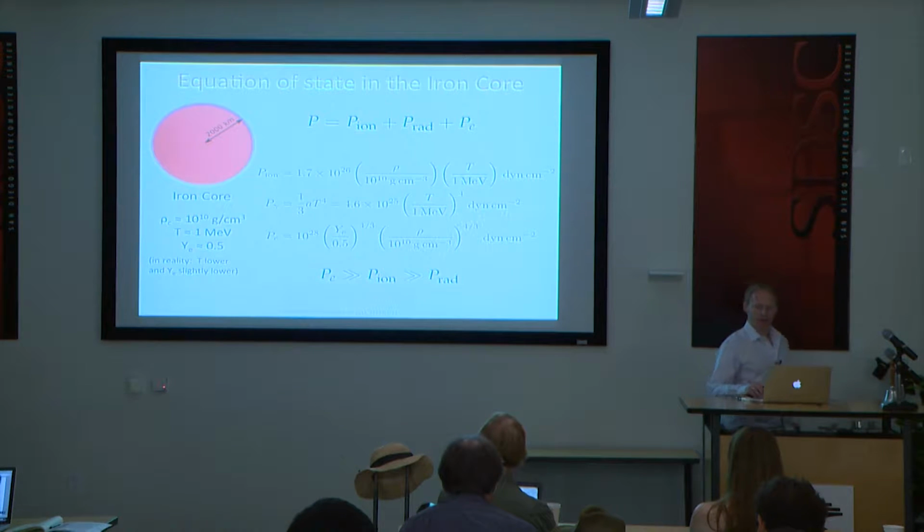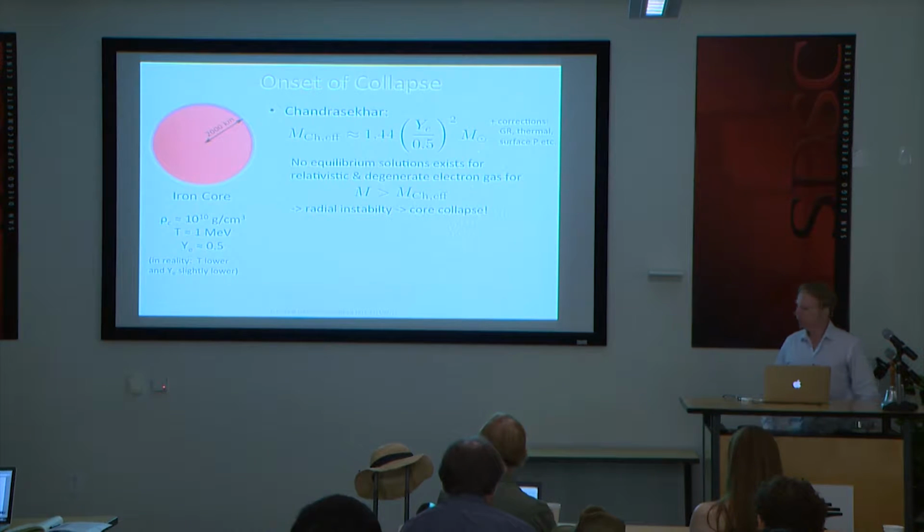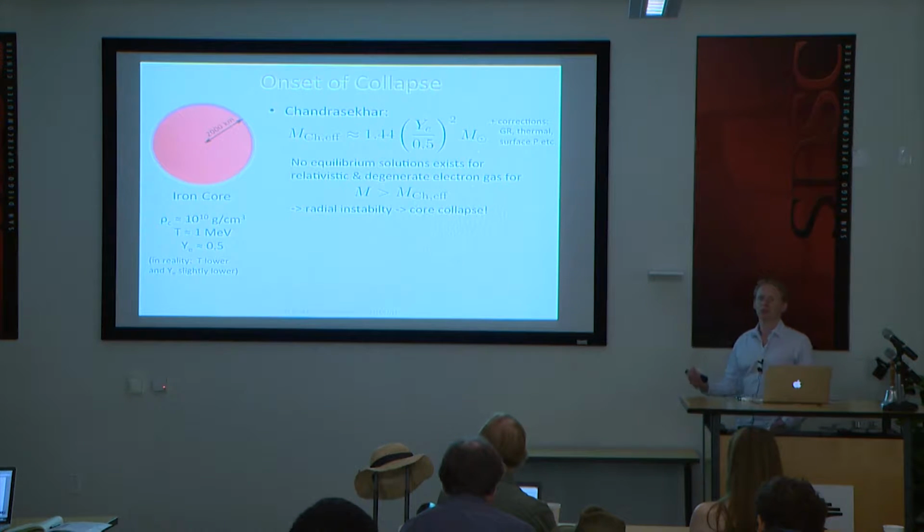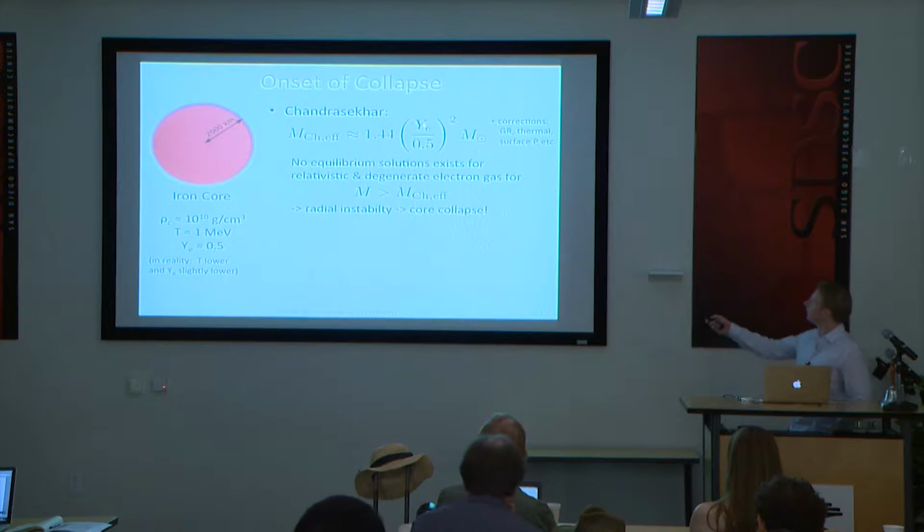And Tony might have mentioned this in his first lecture. Chandrasekhar proved that for a 4/3 gas, there's a maximum mass a pressure-supported fluid body can have that's being pulled by gravity, and that's the Chandrasekhar mass. It's about 1.4 solar masses. For symmetric matter, it goes down as YE goes smaller than 0.5.